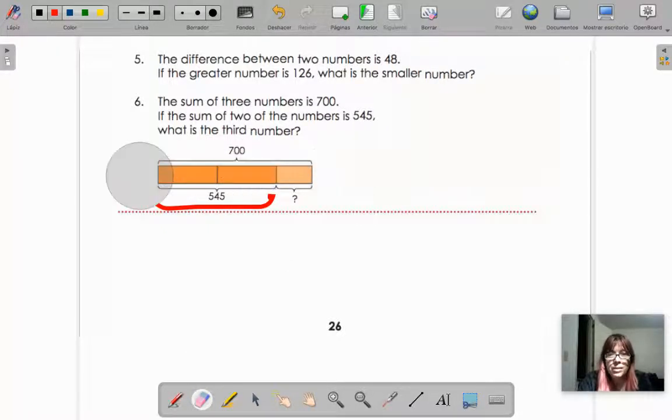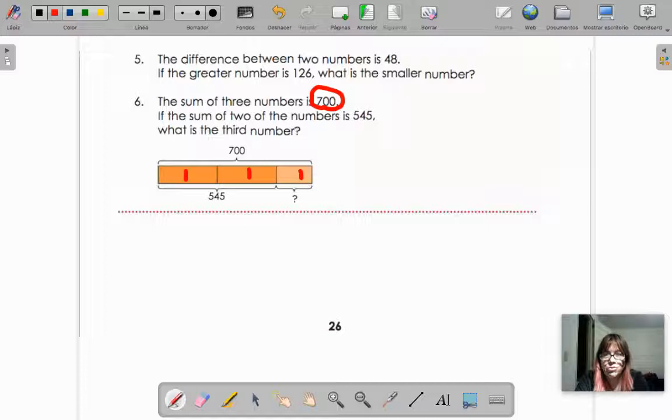Okay? But still, let's read it to make sure that we are correct. The sum of three numbers, that means this number plus this is 700. Okay, they are telling you that if we add the three parts is 700. If the sum of the two numbers is 545, like I told you, these two numbers is 545, what is the third number? So yes, it is what I told you.